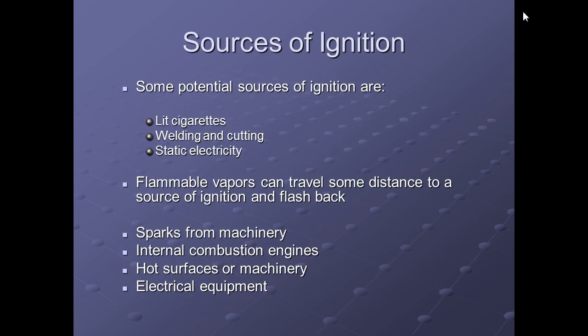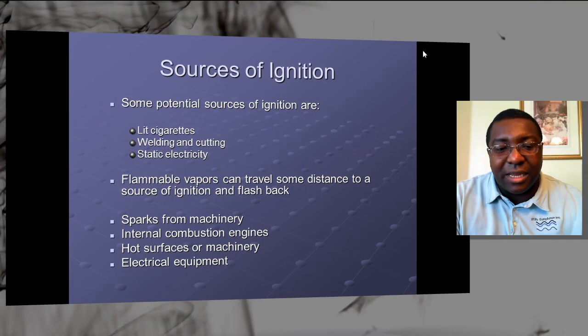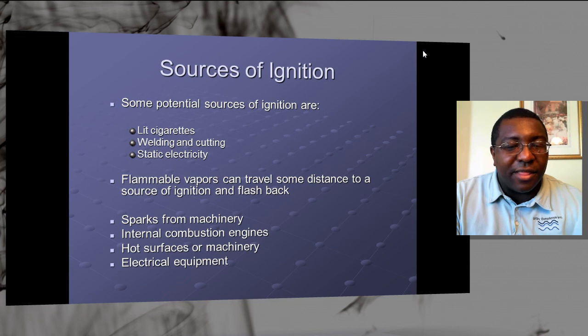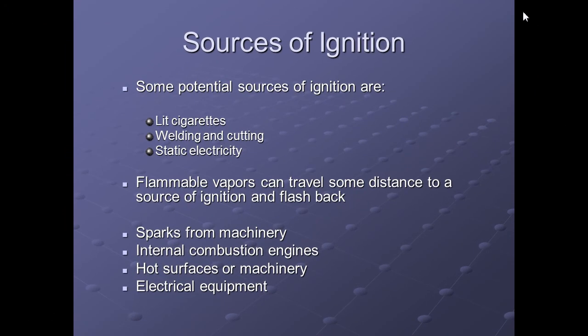Here are some sources of ignition. Anybody smoking around these chemicals, the vapors, or throwing a lit cigarette into something like gasoline, you're going to get fire. That's your ignition source. Welding and cutting, because you've got hot works. That's why you need a hot works permit.